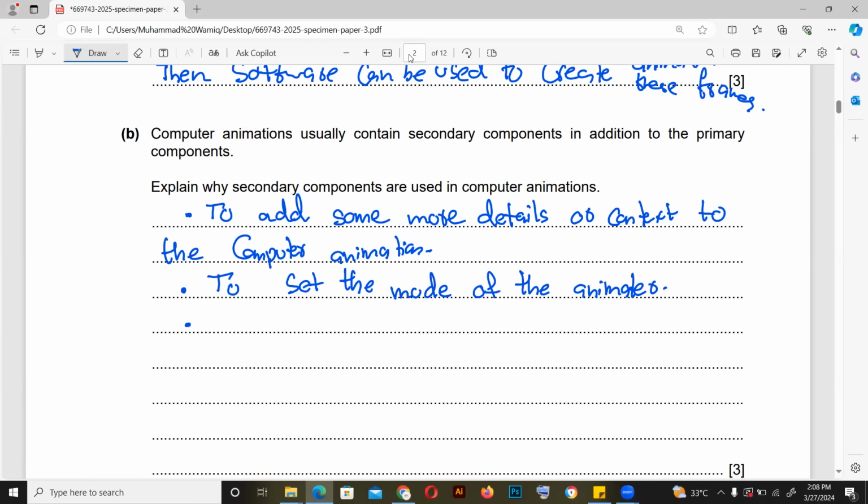I can also say that sometimes I want to enhance my animation, or if I want to make it feel like bringing a scene to life, improving the quality for your viewer.